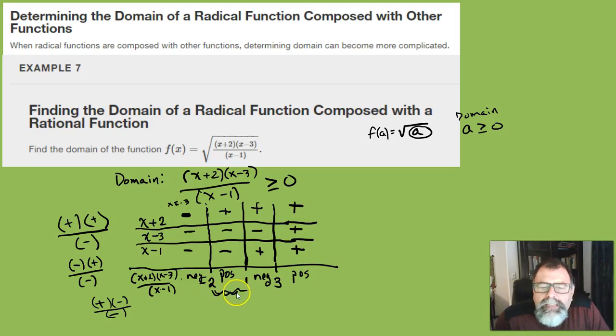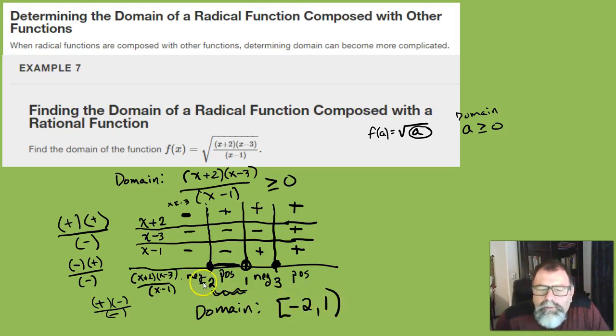One more thing you've got to consider, the denominator is not allowed to be 0, right? So this one has to be an open circle. The other 2 points can be closed circles. So our domain is going to be from negative 2 to 1.